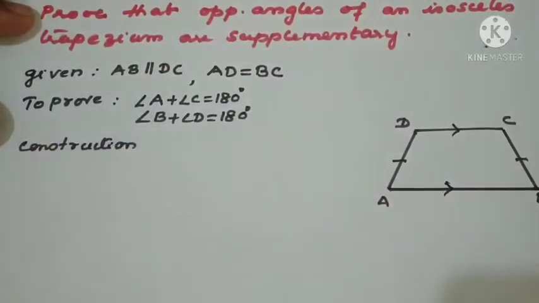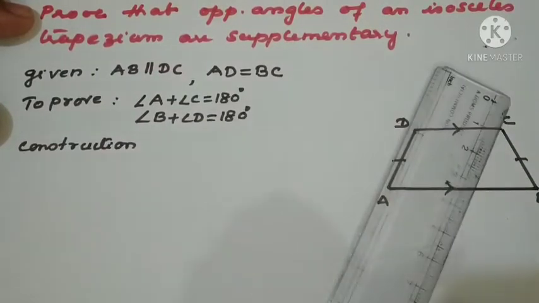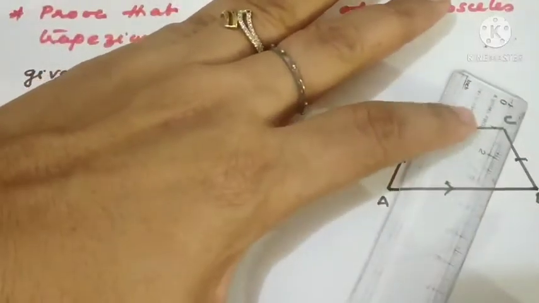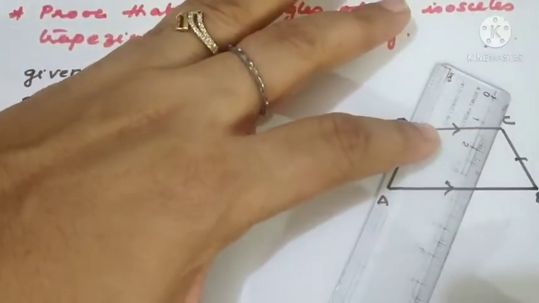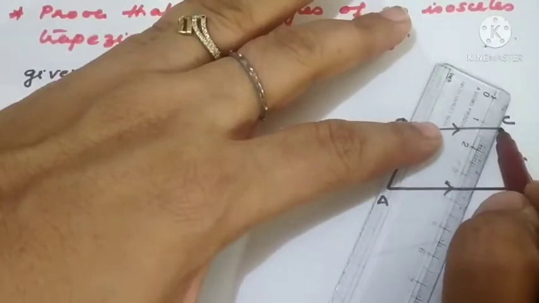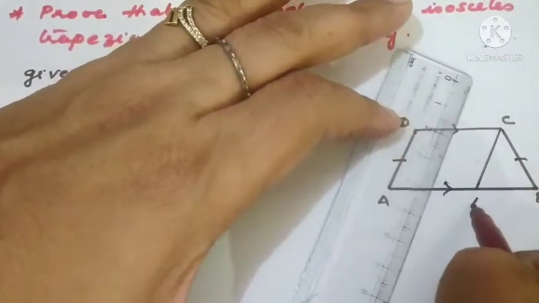What is the construction? Through C, draw a line parallel to AD. So we have to draw a line here, CE.